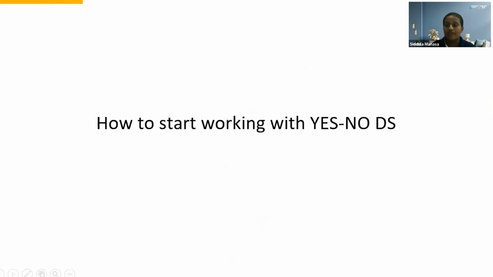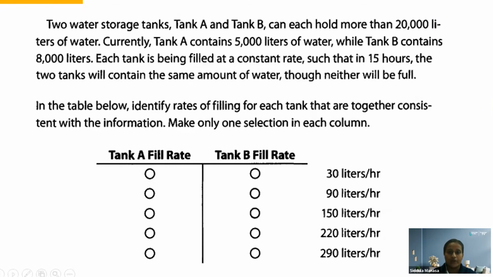Now we are going into the actual things, which is how to work with the IR questions. The first thing given over here speaks about the 2-part analysis. It states 2 water storage tanks A and B can each hold more than 20,000 liters of water.